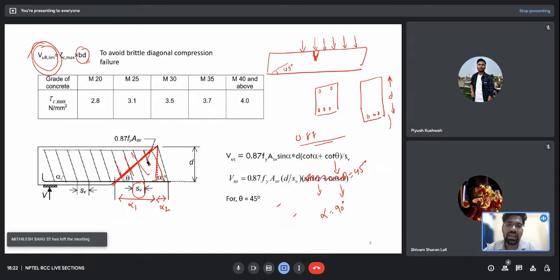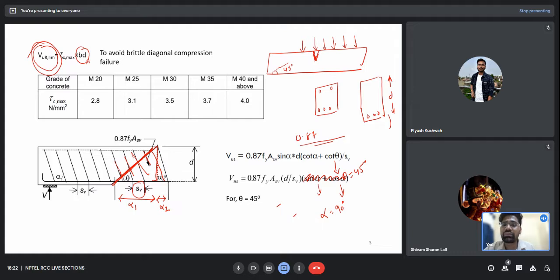There can be a redesign in the flexural case, and there can be a redesign in shear also. In shear, if my limiting shear resistance is less than the shear coming onto that beam, then I have to redesign, that is, I have to take a higher section. Okay, so I hope I was clear.